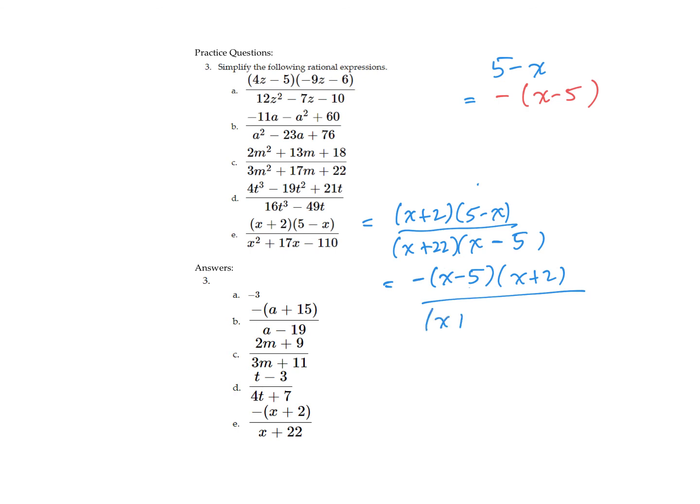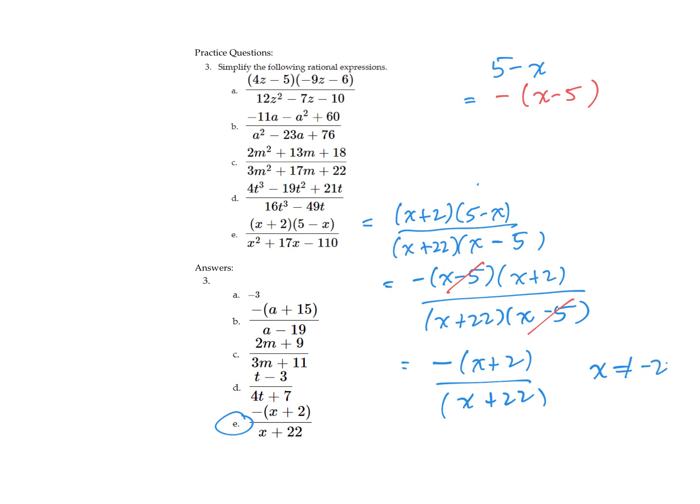On the bottom we have these two terms, and now I can reduce because x minus 5 is the same as x minus 5. And so we'll be left with the negative x plus 2 over x plus 22. And so you'll see at the bottom here, that's why that negative is there. And then the restrictions is x cannot equal -22 and x cannot equal 5.